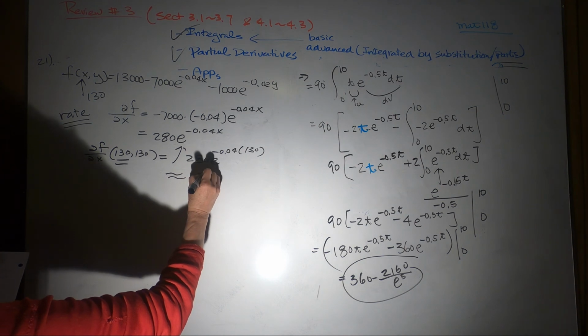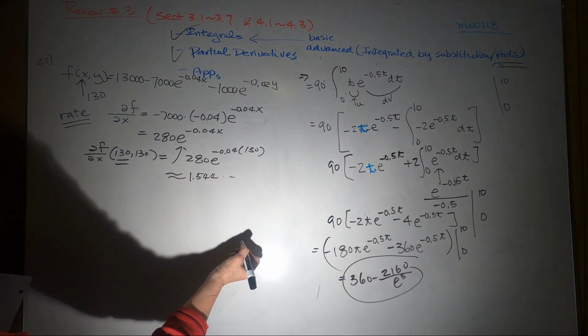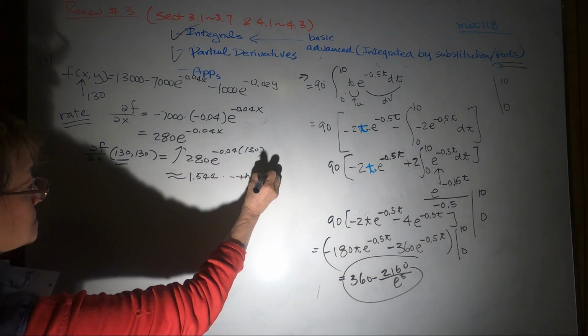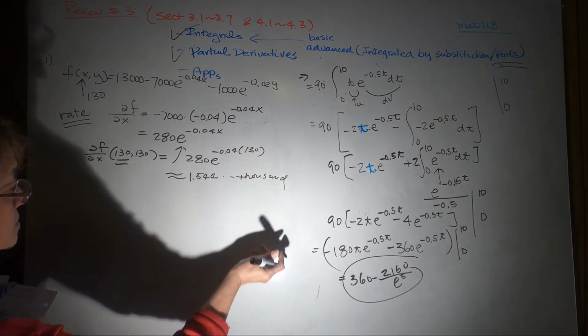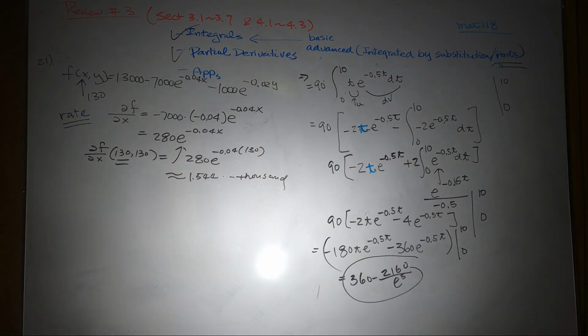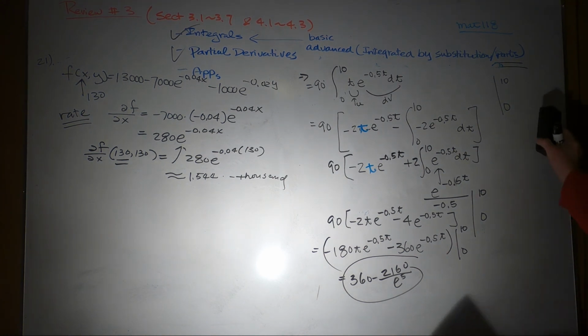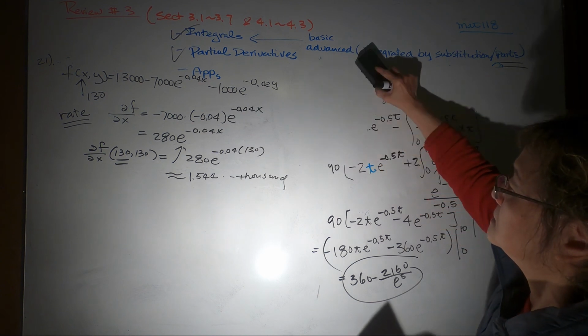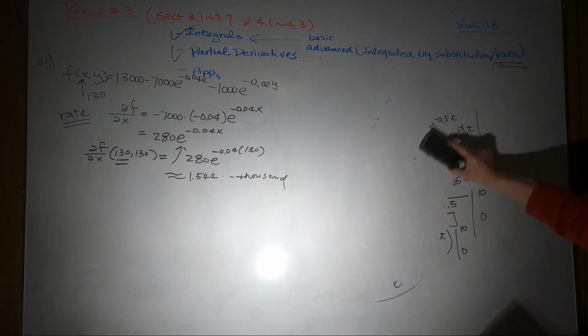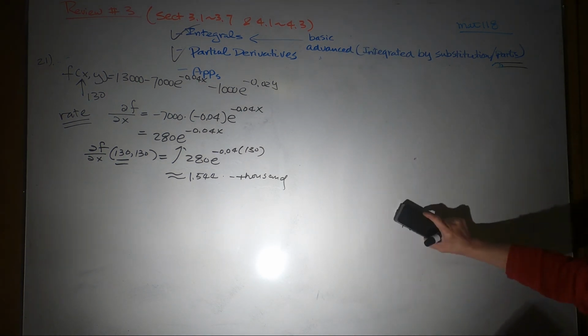It would be 1.544 somewhere there, by the thousands. That means 1,544 insects will be killed around there. That's how you interpret the question and evaluate it.